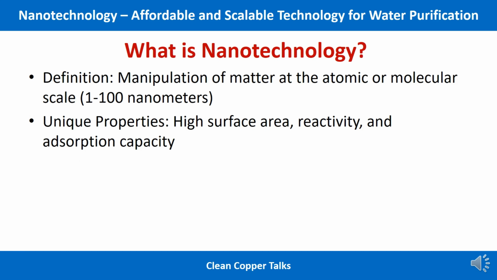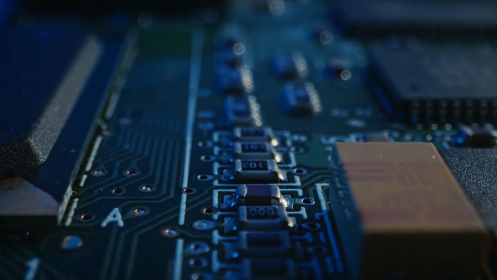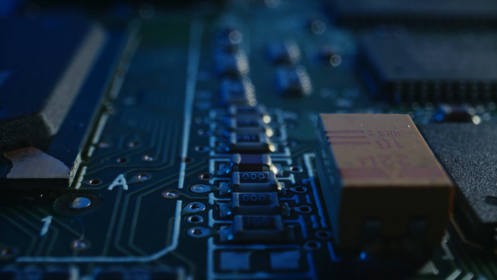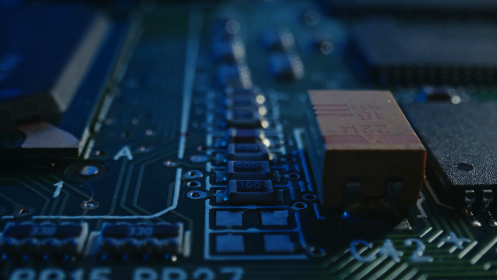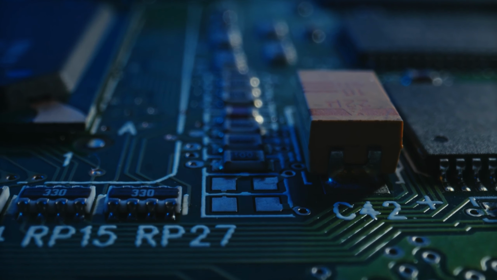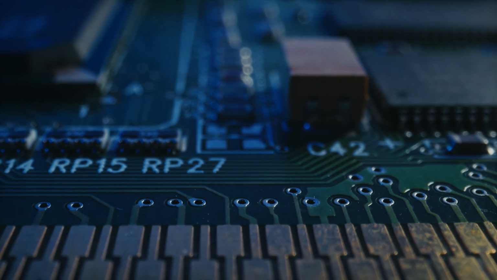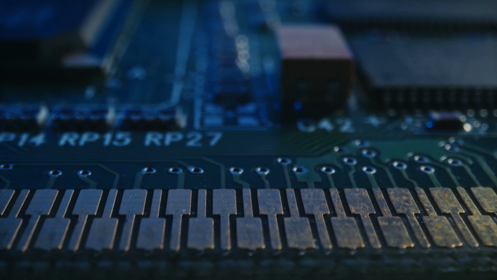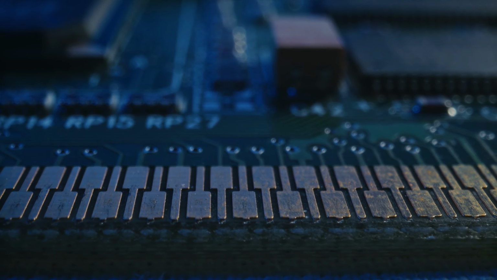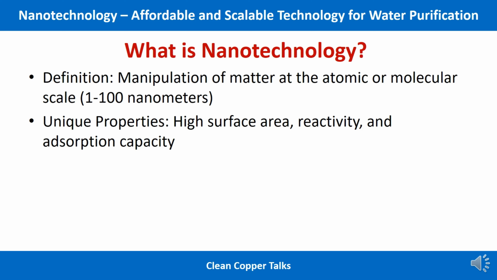So, what is nanotechnology? Nanotechnology is the application of science and engineering in which a material at nanoscale, between 10 to 100 nanometers, is used, and a lot of physical, chemical, or biological properties evolve as a result of surface phenomena, because of the huge surface area which is offered by nanomaterials.